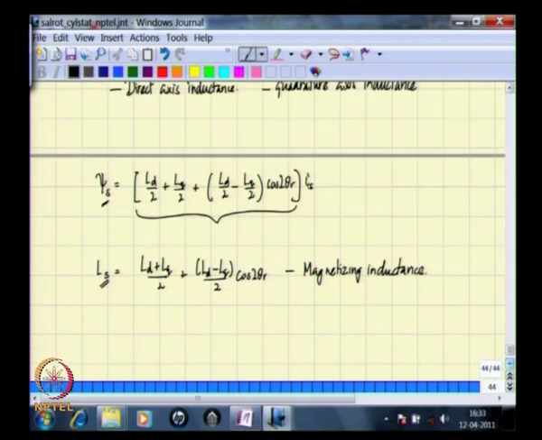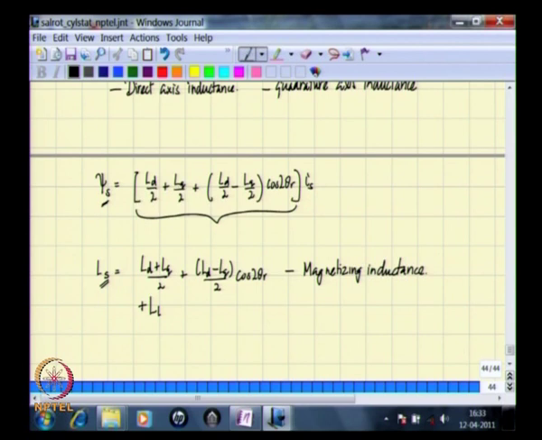In order to determine the total self inductance, therefore, one has to add the leakage inductance component LL, and leakage inductance, which by definition closes itself in the air gap, which might be in the air gap between the stator and the rotor, or it might also be due to flux linkage which is there in the end windings.